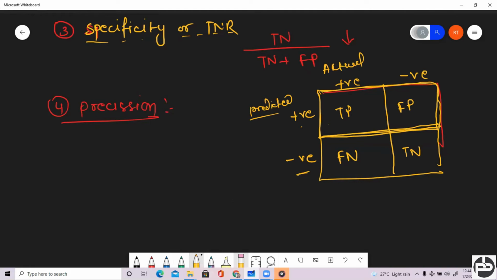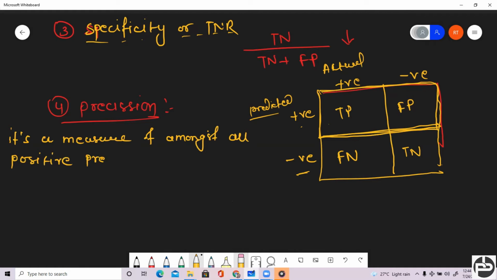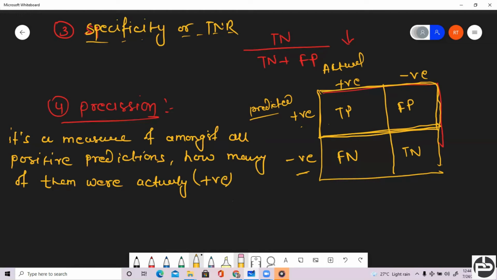Precision is a measure of amongst all positive predictions, how many of them were actually positive, right?